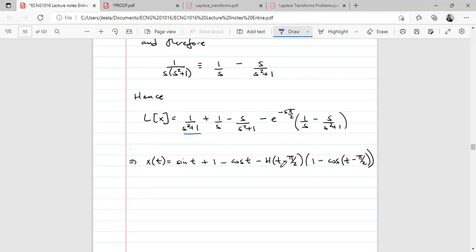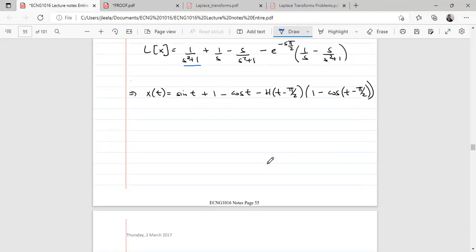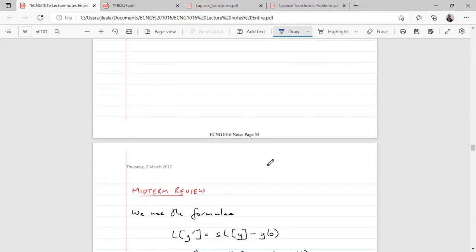Therefore you'll get minus H of t minus pi over 2 by 1, and you'll get plus, because minus minus is a plus, H of t minus pi over 2, cos of t minus pi over 2. So that is the end result of that equation, right?